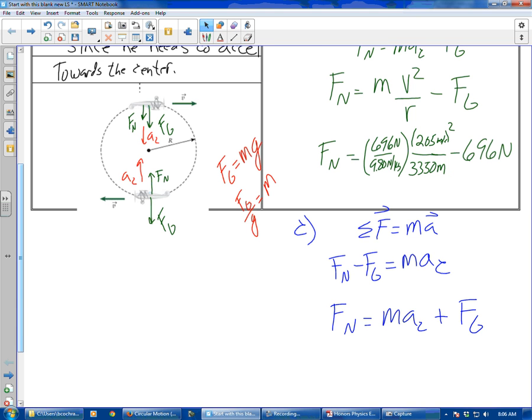And then for part B, going back to B, they're asking now, at what point would he feel weightless? What speed? And that would be, remember, our perception of weight is the normal force. So that would be when the normal force in part B is 0.